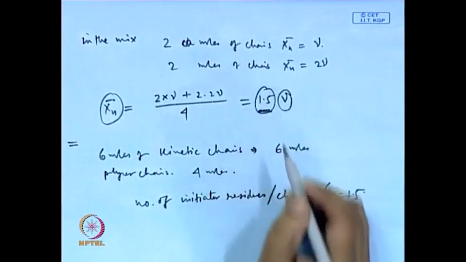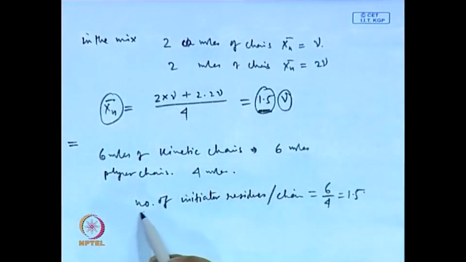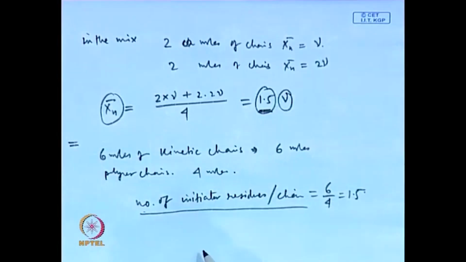This number is nothing but the number of initiator residues per chain, which we term B. Now, we can get a more general expression of B if we consider a more general example.